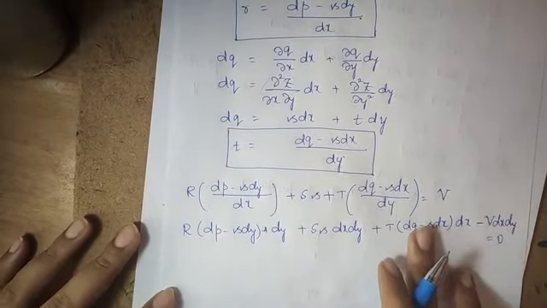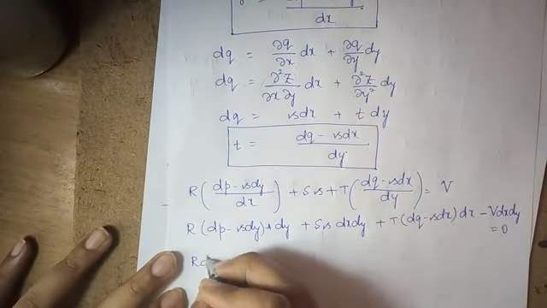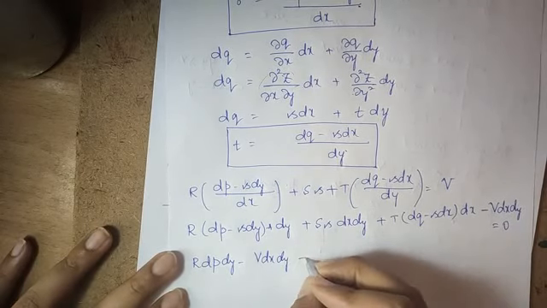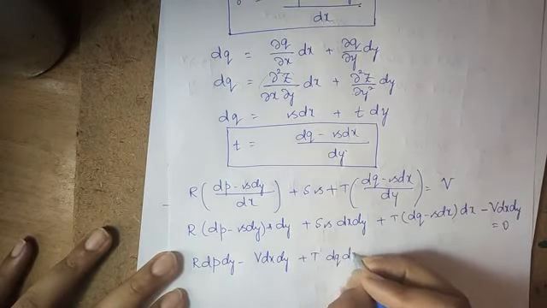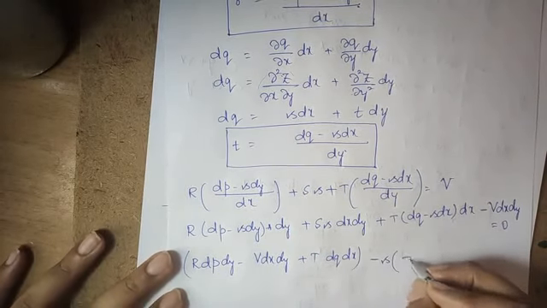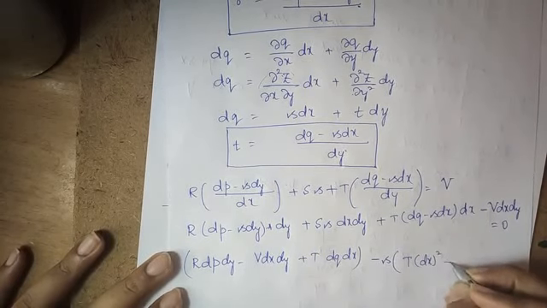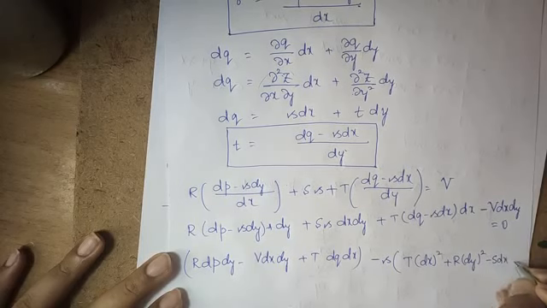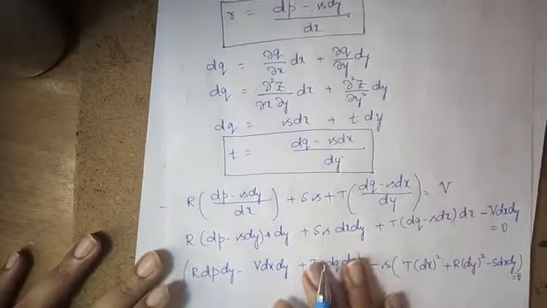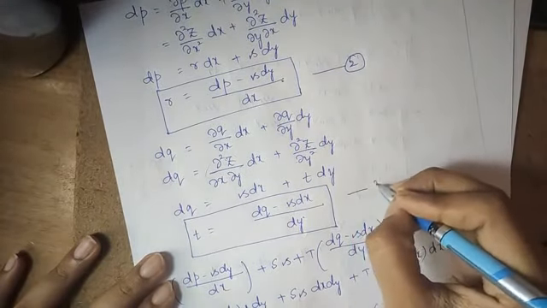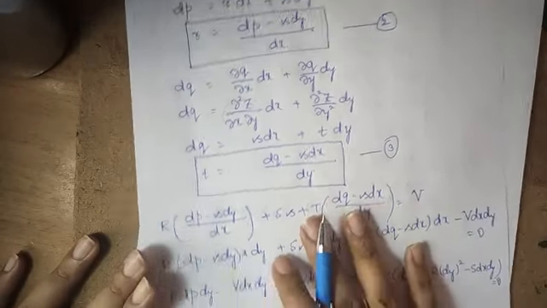So now if you simplify this, you will get r dp dy minus v dx dy plus t dq dx, minus s, I will take common, t dx whole square plus r dy whole square minus s dx dy, which is equal to 0. So let's give equation numbers. This is equation 2, this is 3 and this is 4.